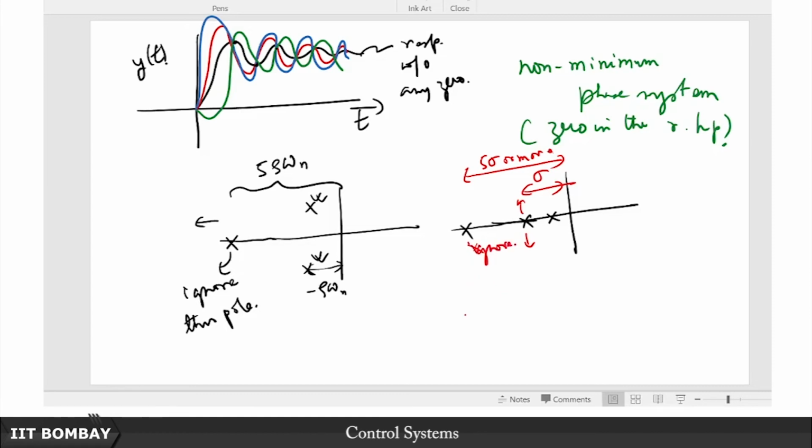There is another way by which, even if this 5 sigma rule is not met, you are often able to ignore. But remember, all of these discussions are qualitative, and strictly speaking, you should never accept these at face value, especially when there are many more poles and zeros.